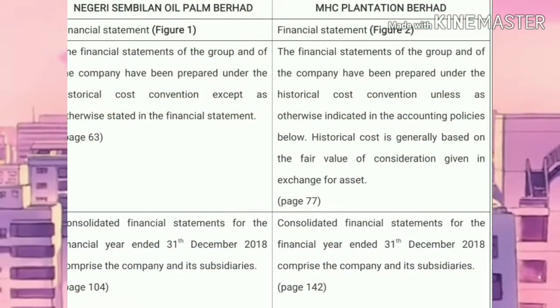Okay, for Negeri Sembilan Oil Palm Berhad, the financial statements of the group and the company have been prepared under the historical cost basis, and the same with MHC Plantation Berhad, the company has been prepared under the historical cost basis. Other than that, both companies' financial statements are presented in Ringgit Malaysia.